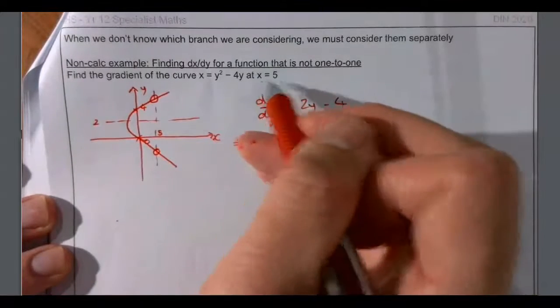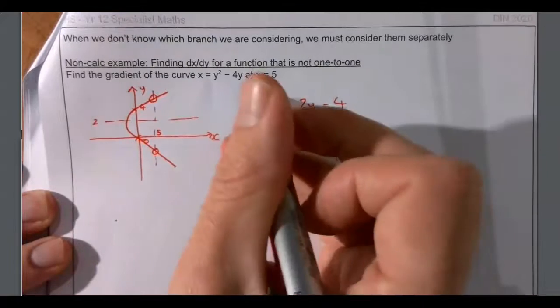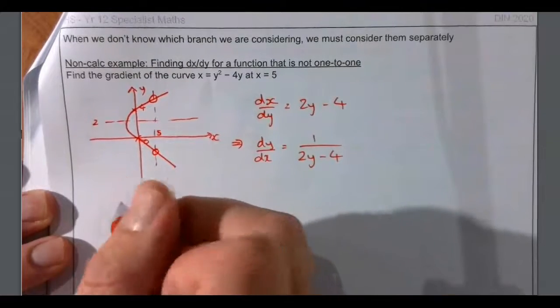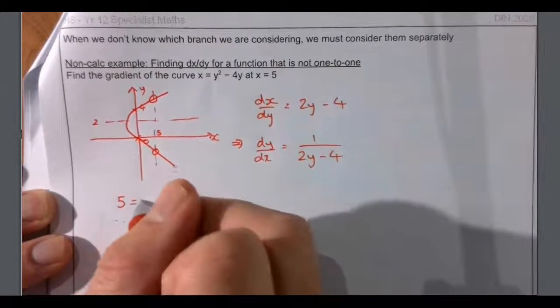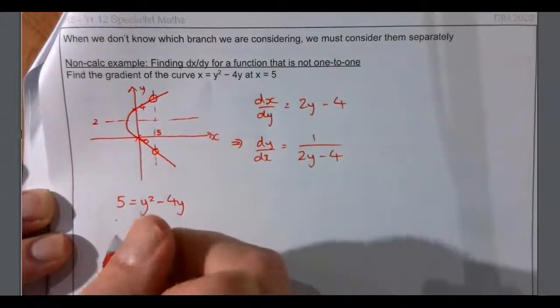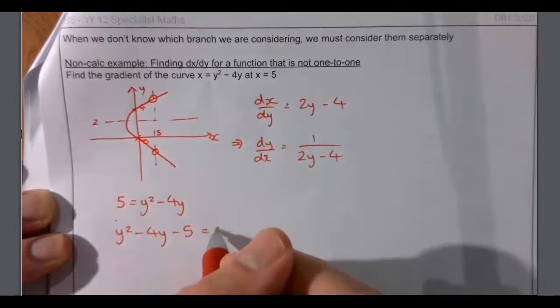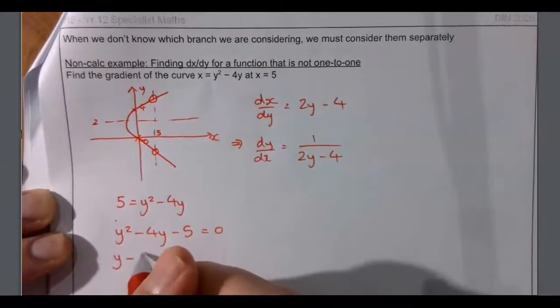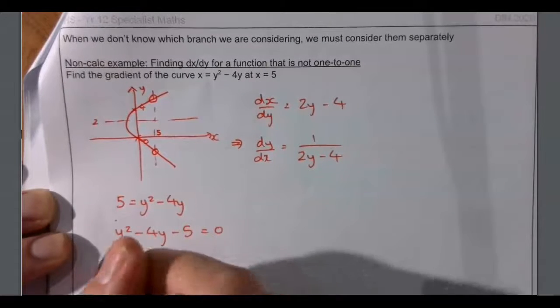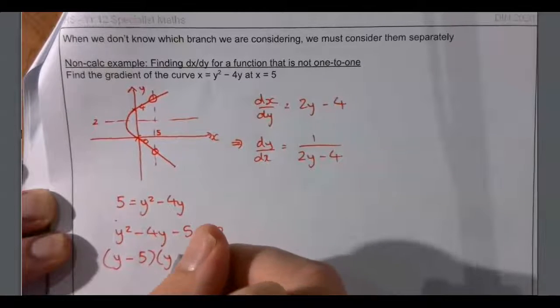So, we know x equals 5, meaning that I can take my original curve and represent that as a quadratic in one variable, substituting 5 for x, giving me something I can solve, and giving me the y coordinates of 5 and minus 1.